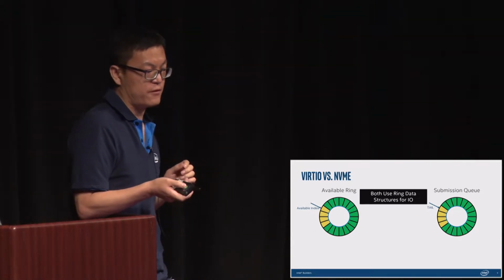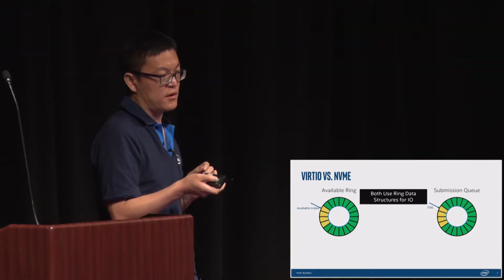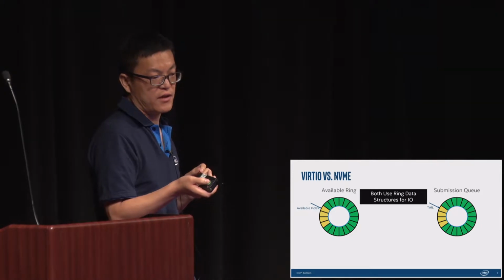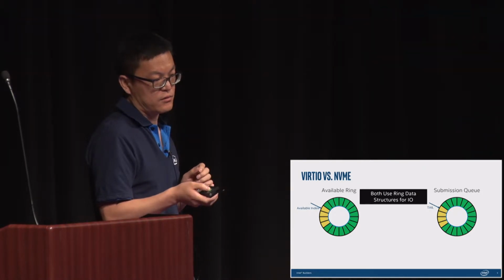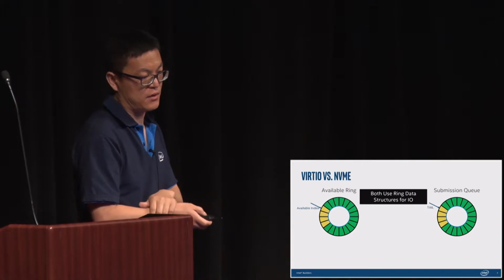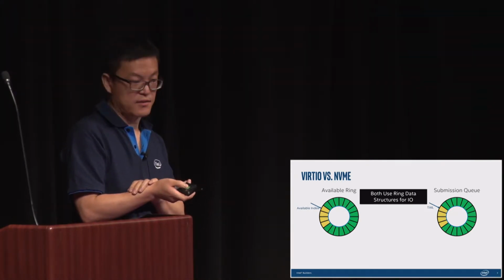You can see that for the Virtio protocol, there is an available ring for submitting requests, and a used ring for the responses. And for NVMe, they use the submission queue and completion queue. Also, there are indexes for both data structures to indicate which entry has the latest request or response.